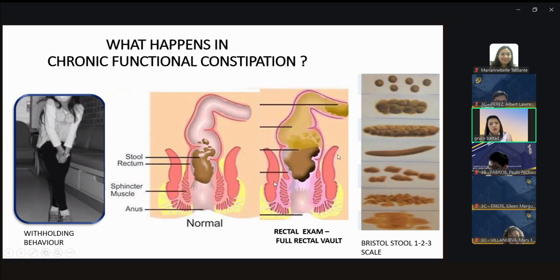So in functional constipation, you have a mega rectum producing Bristol stool types 1, 2, and 3, in contrast to megacolon in Hirschsprung's. Here it's a mega rectum. It's acquired. Okay.